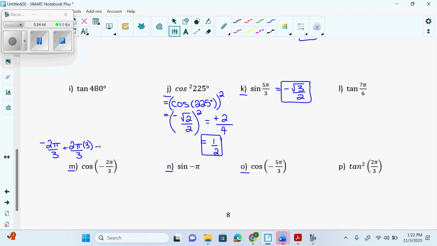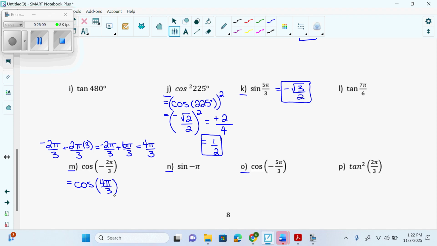So I'm going to get negative 2 pi over 3 plus 6 pi over 3, which is 4 pi over 3. So cos of 4 pi over 3 is coterminal with cos of negative 2 pi over 3, which makes sense.